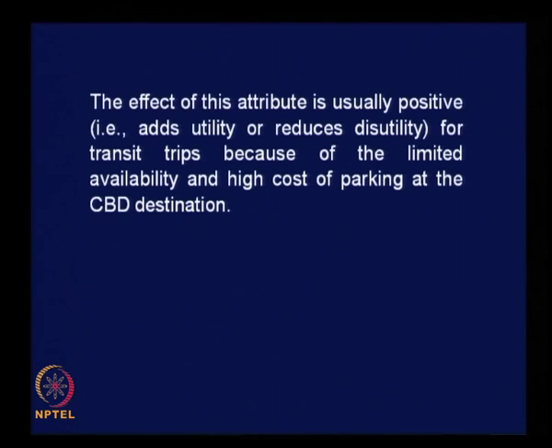It is possible, and we need to do this by some methodology. The effect of this attribute is usually positive, obviously for the transit, adds utility or reduces disutility for transit because of the limited availability and high cost of parking at the CBD destination for private vehicles.